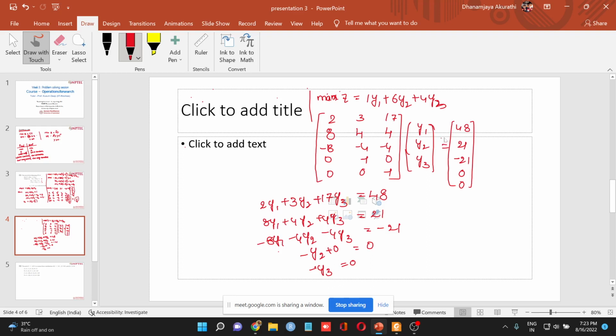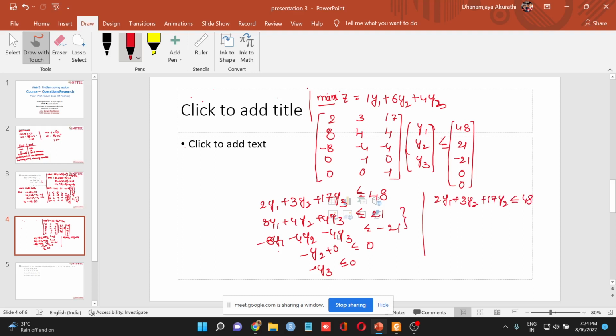Here you consider that in the conversion of the given LPP into the dual problem, we are converting minimization into the maximization type. So in the maximization type, all of our constraints should be in less than or equal to sign. So from this we can say that the first constraint would be the same: 2y1 plus 3y2 plus 17y3 is less than or equal to 48.